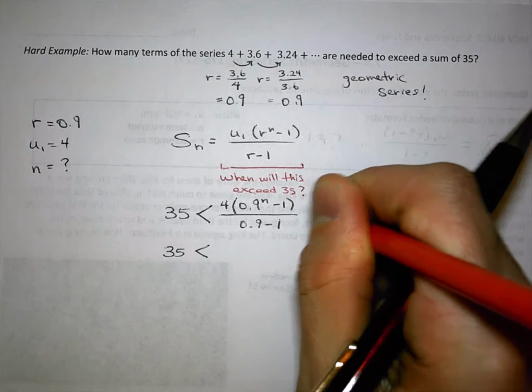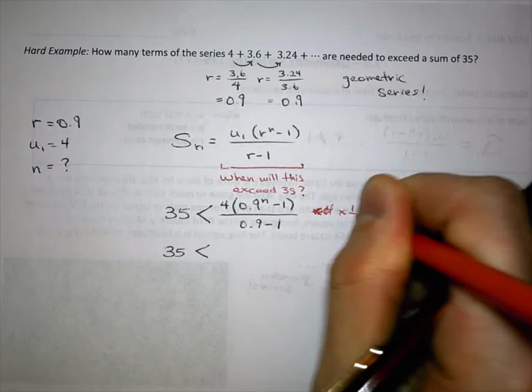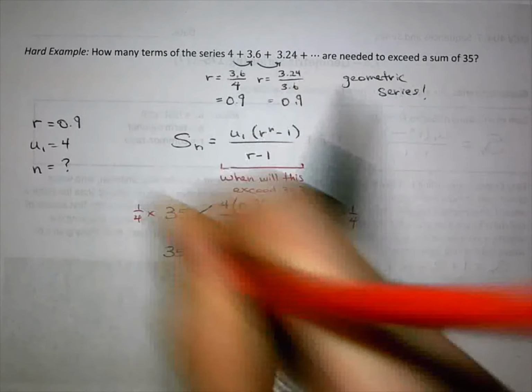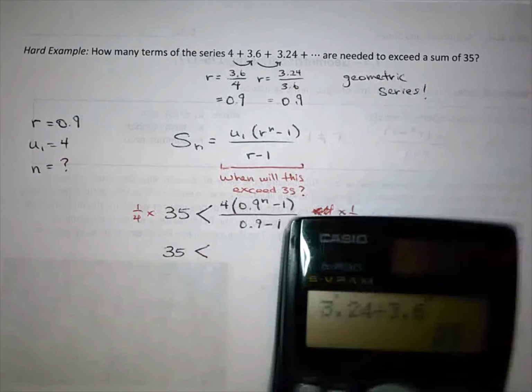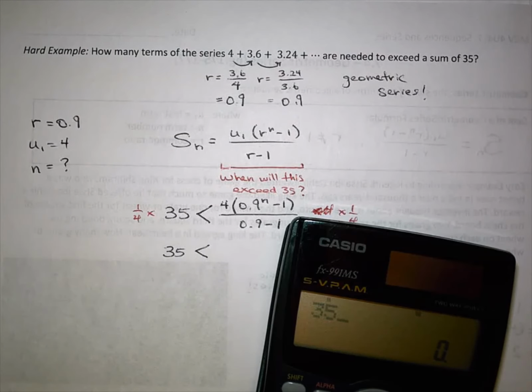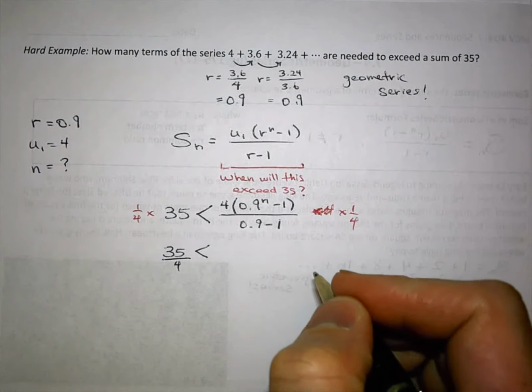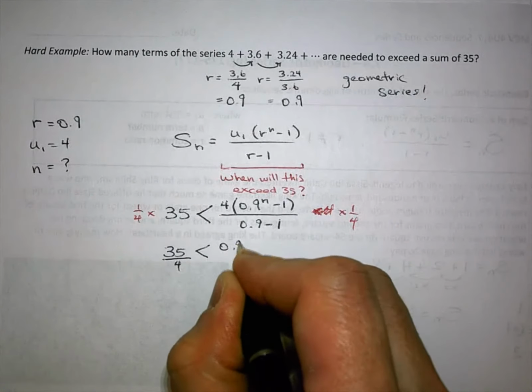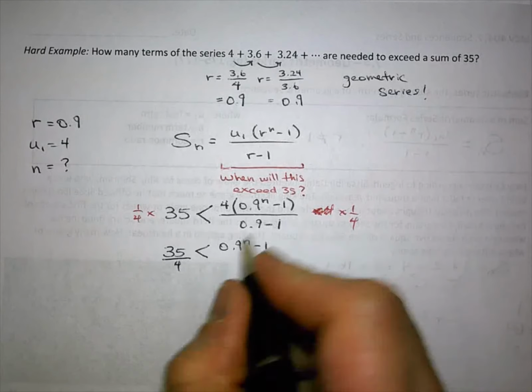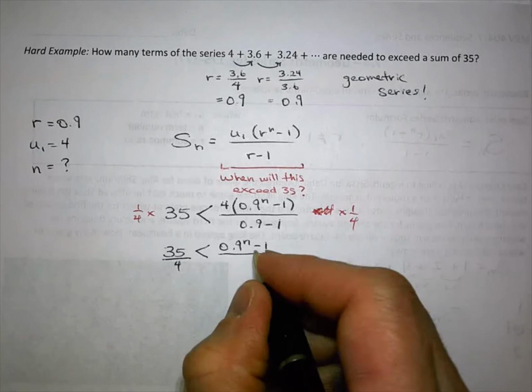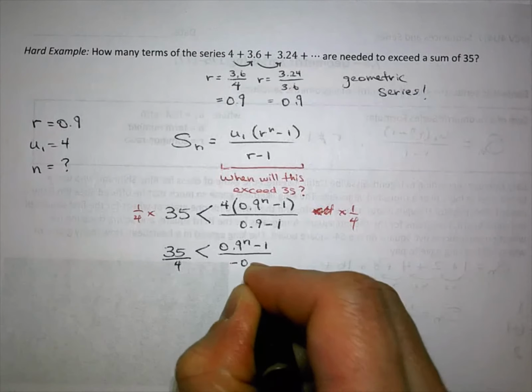Let's just leave it like this for now. I end up with 0.9 to the power of n minus 1 over, and I could simplify this, this is going to be negative 0.1.